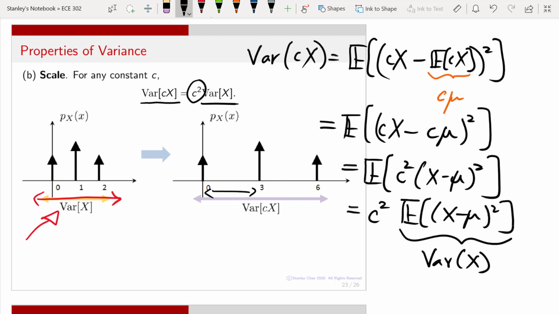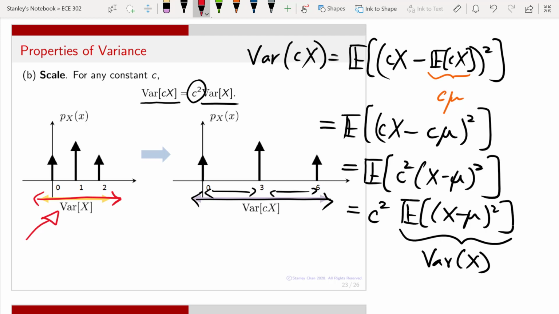However, the spread becomes bigger. And how big is it? Well, because you are spreading it out, you will have a constant that comes out. And according to the formula, this constant is c squared. So if you ever try to multiply the random variable, that constant will become squared when you calculate the variance.